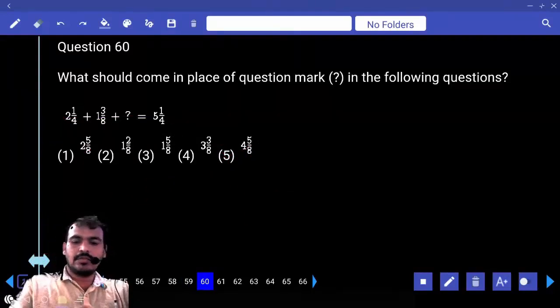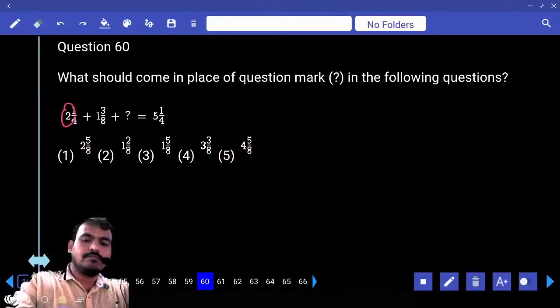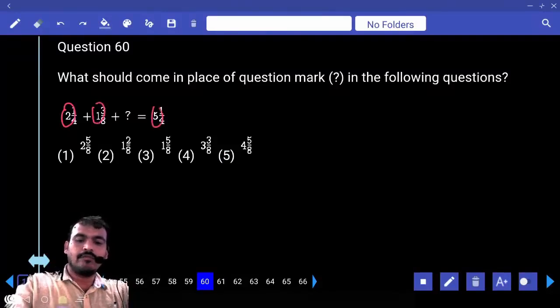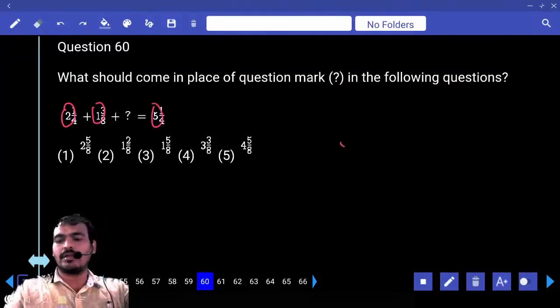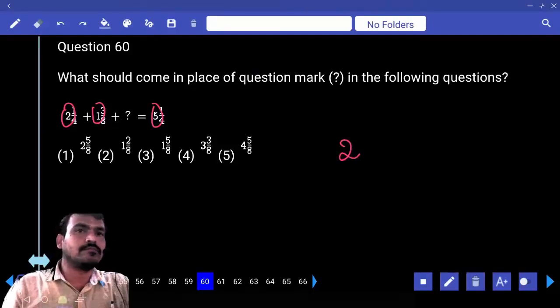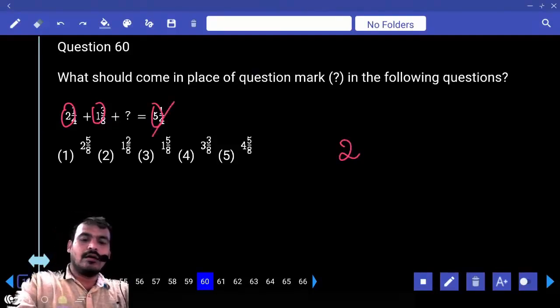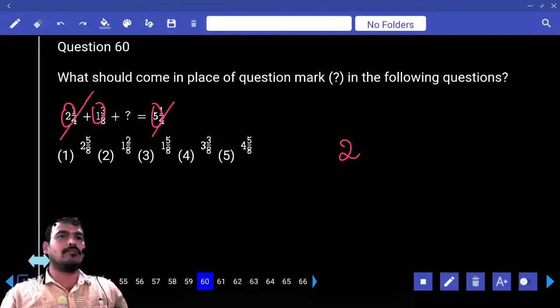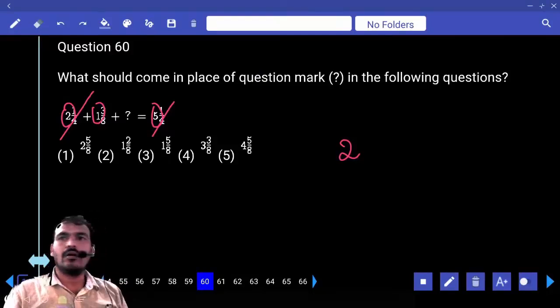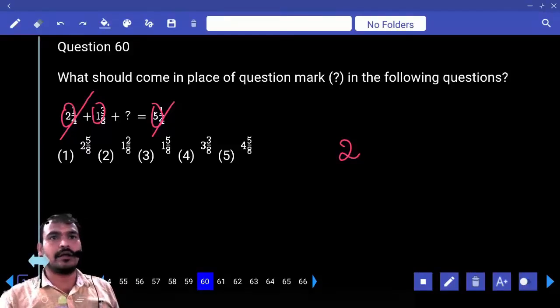First priority, integers. 2 plus 1, 3. Out of 5 we are subtracting 3, what is the remaining integer? 2. Plus 1 by 4 on the right hand side and 1 by 4 on the left hand side cancel. What is the remaining value? 3 by 8. It is plus 3 by 8, but on the right hand side it will become minus 3 by 8.